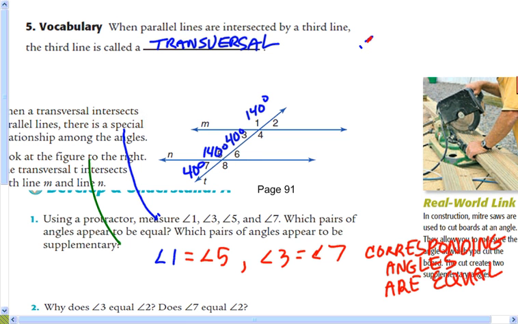All right, the second part of this says which pairs of angles appear to be supplementary. And we can see that angle 5 plus angle 7 equals 180, which means angle 5 and angle 7 are supplementary. And we can also see that angle 1 plus angle 3 are supplementary.